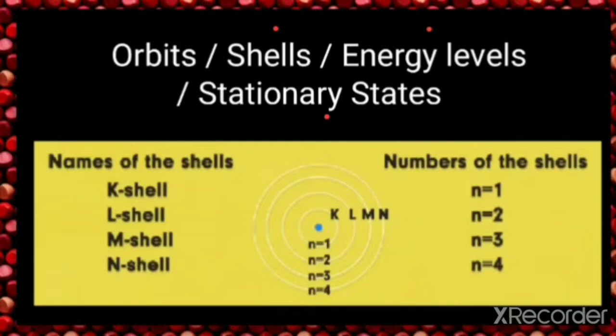So the orbits or the shells or the energy levels are numbered as n equal to 1, 2, 3, 4 and so on, starting from the one nearest to the nucleus. It is also named as K shell, L shell, M shell, N shell and so on.